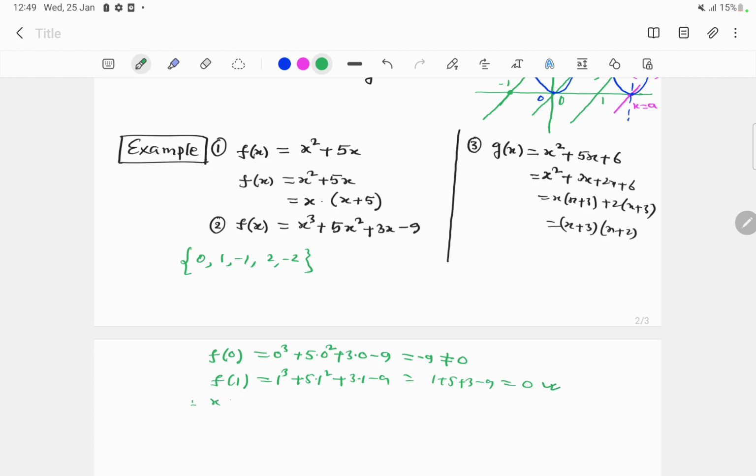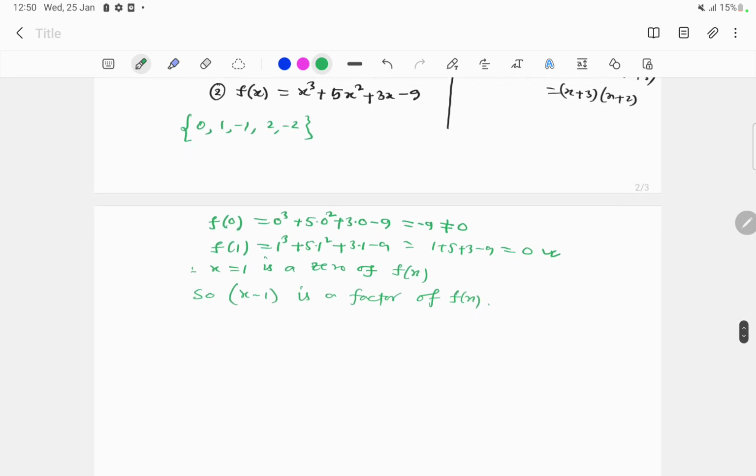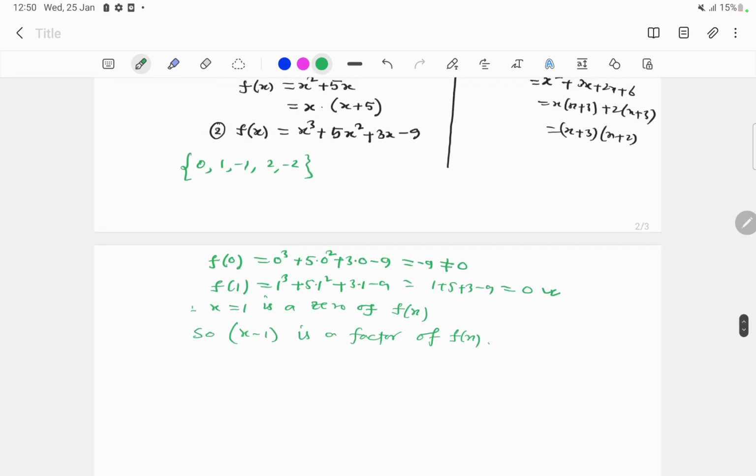So x equals 1 is a zero of the polynomial f(x). So we get that x minus 1 is a factor of f(x). That is important.